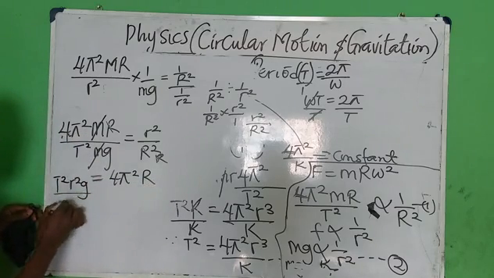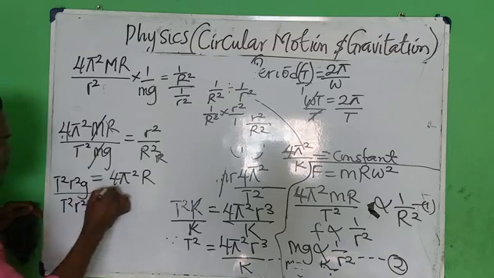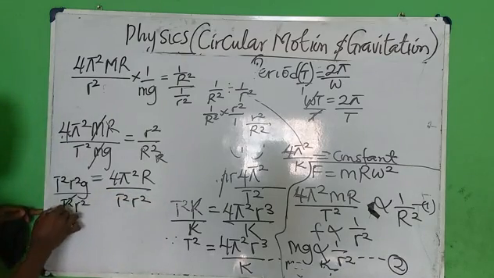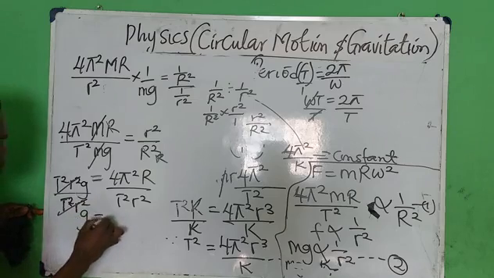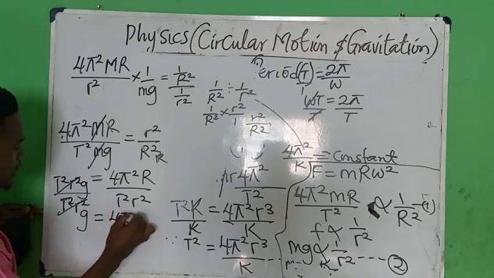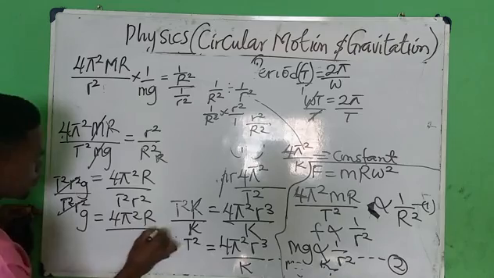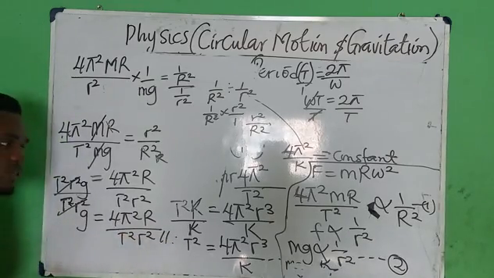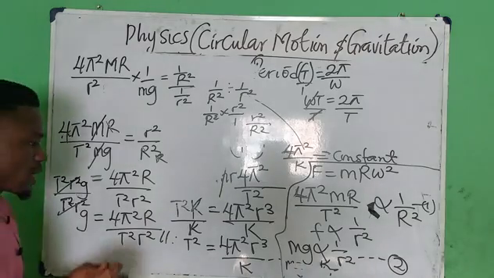So divide both sides by t squared r squared. So this will go into this, and now g is equal to 4 pi squared r over t squared r squared. So that is what you have the formula to be.